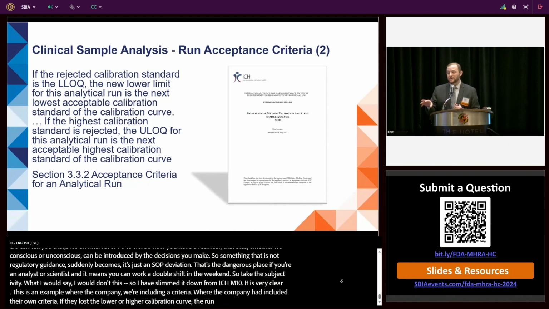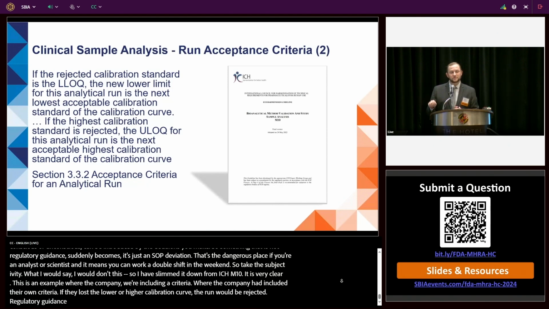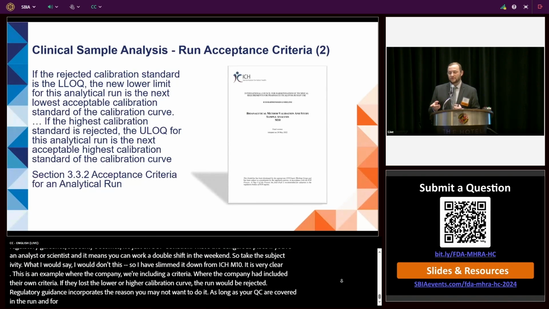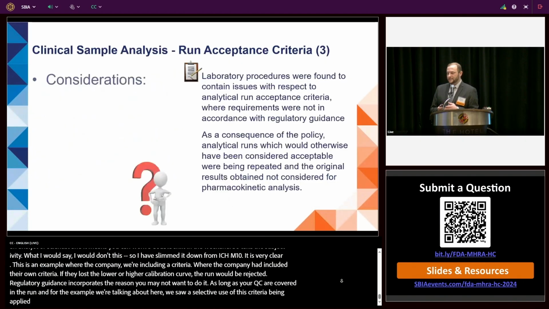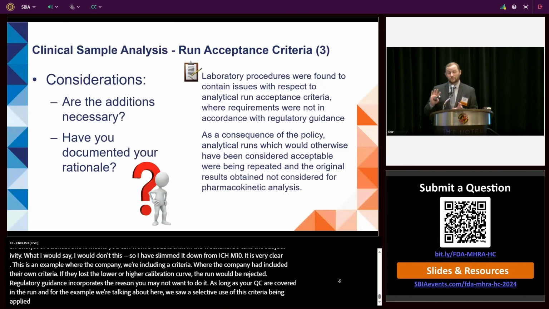Regulatory guidance incorporates the reason why you might not want to do that, so long as your QCs are covered within that run. And for the example that we're talking about here, we saw a selective use of this criteria being applied. So, on the right-hand side, you can see the deficiency that we would raise.